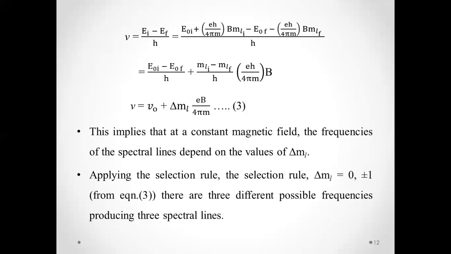This expression implies that at a constant magnetic field, the frequencies of the spectral lines depend on the values of delta ML. Applying the selection rule, delta ML is equal to 0, plus or minus 1. From equation 3, we find that there are 3 different possible frequencies producing 3 spectral lines.